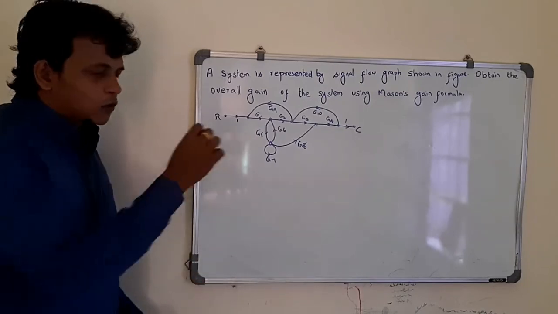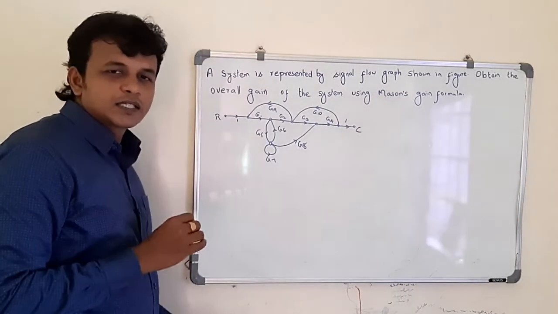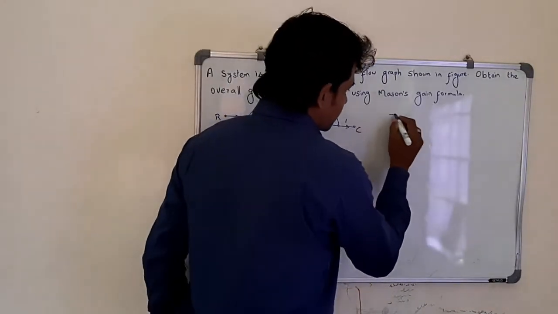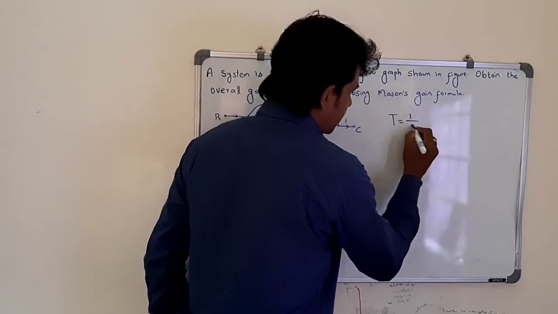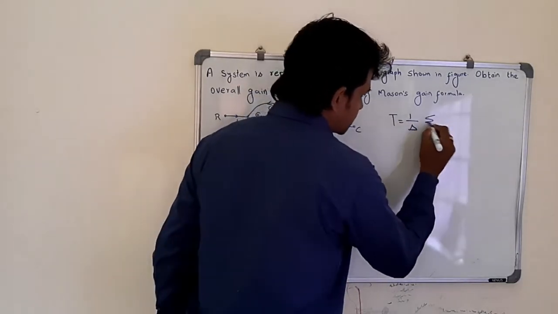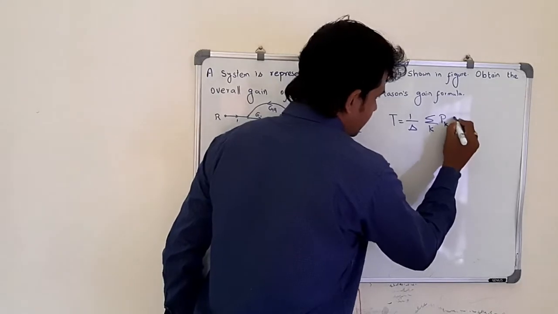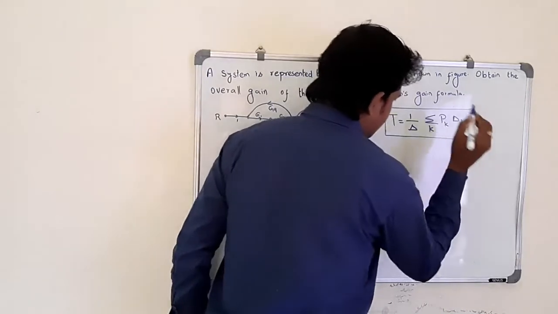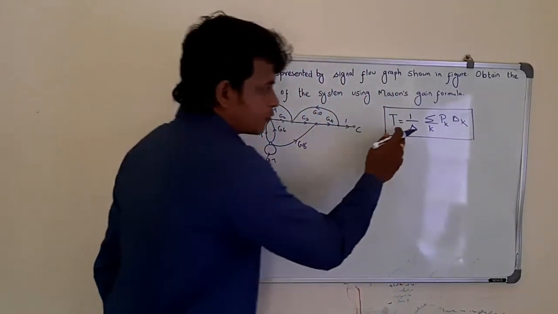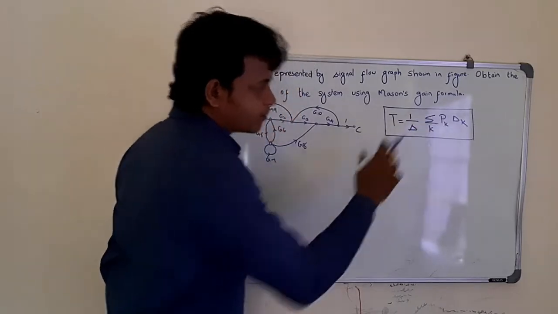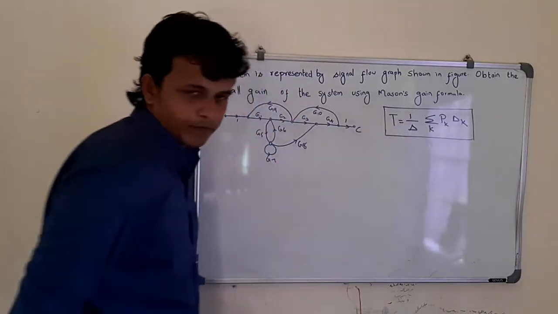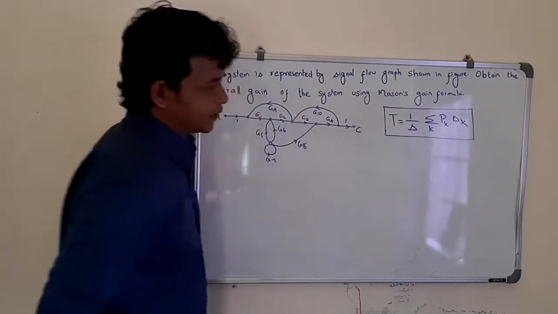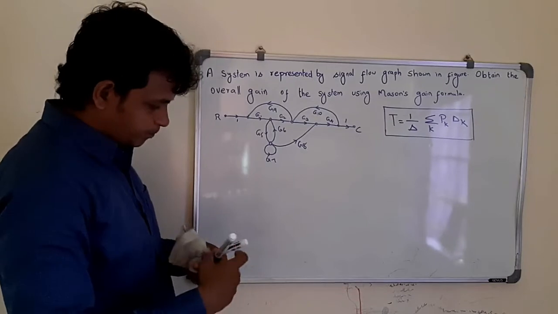To derive the transfer function using Mason's gain formula, we have only one formula, which is: transfer function T is equal to 1 by del into the summation over K of Pk del K. With this one formula we can find the transfer function, provided we understand each and every element in this formula.